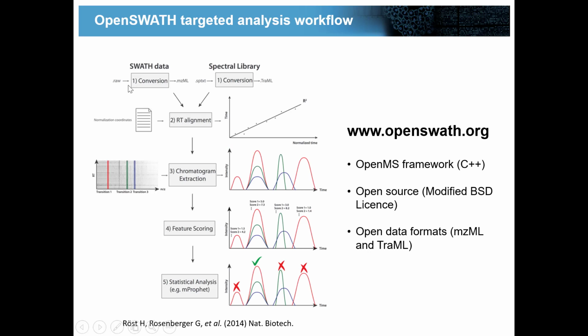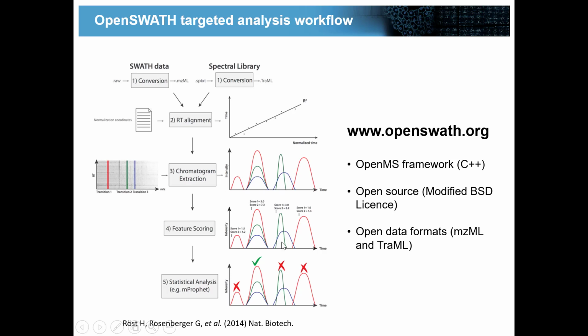The software that we use to do this is called OpenSWATH, but tomorrow we're going to use Skyline, and basically it's going to do essentially the same thing. The inputs you need are two things. You need the DIA data or SWATH data, and you need some kind of prior knowledge in the form of a spectral library. We usually do some kind of retention time alignment based on some standard peptides. We extract ion chromatograms for the fragment ions that we expect to be there for the peptides that we're targeting.